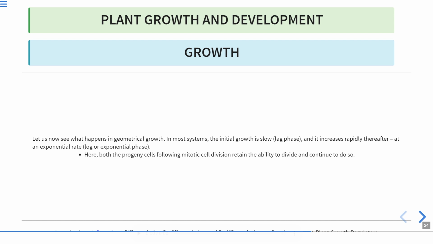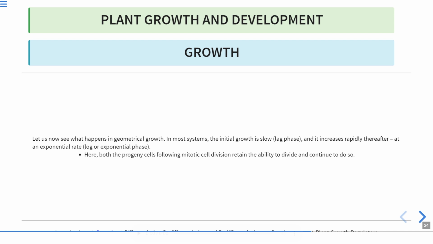So let us now see what happens in geometrical growth. This we have seen in the case of arithmetic growth. Now what happens in geometrical growth? In most systems, the initial growth is slow. That is called the lag phase.